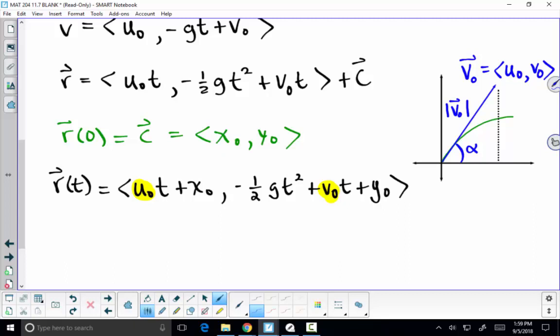All right, so what we can do here is say that u naught, the component, is going to be the length of vector v naught multiplied by cosine of alpha. And the component v naught without the vector, the other v naught, that is going to be the length of the vector v naught times sine of alpha.